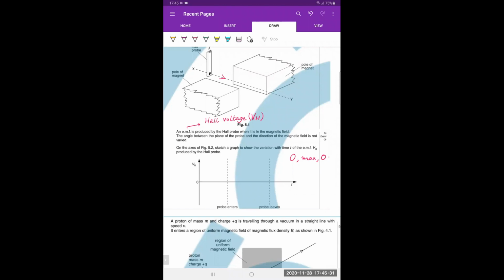I think Rohail has also written the correct wordings. Before the probe enters, stays at zero. So no magnetic field, hence no voltage recorded by the Hall probe. Then the middle section, constant magnetic field, so constant voltage recorded by the Hall probe. So a horizontal straight line kind of.